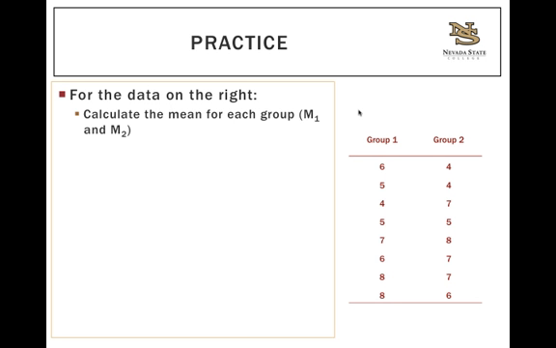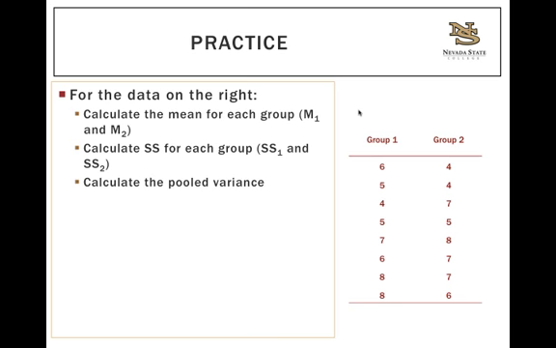Then, in order to calculate a t-test, we're going to also need the sums of squares for each group. So we're going to find SS1 and SS2. This is going back a few chapters to calculate the sum of squares, but I want you to see how they're all related to one another and how you can actually do a t-test from raw data if you needed to.